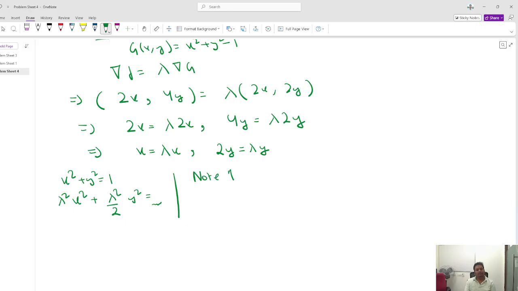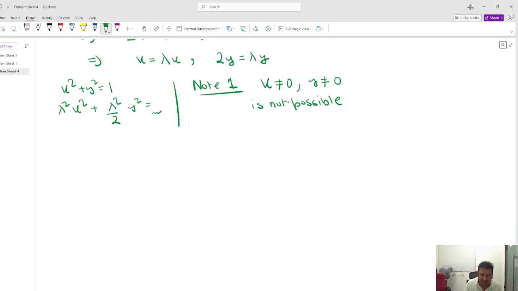So note one. X not being 0 and Y not being 0 together is not possible. Why is it not possible, guys? Because if both are non-zero, then x equal to lambda x implies lambda equal to 1, and 2y equal to lambda y implies lambda equal to 2.